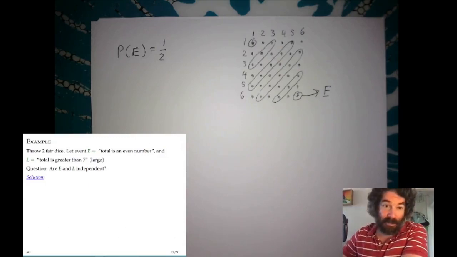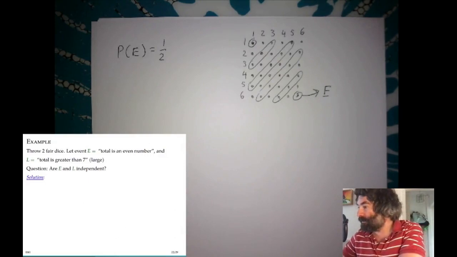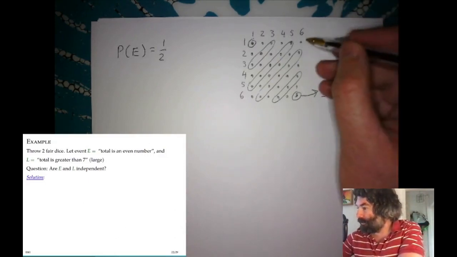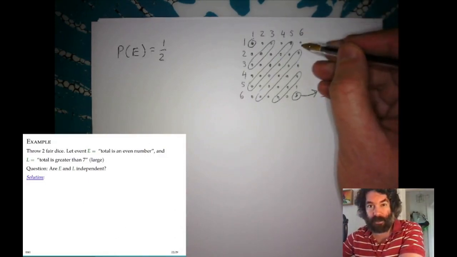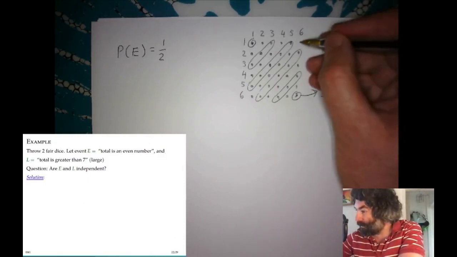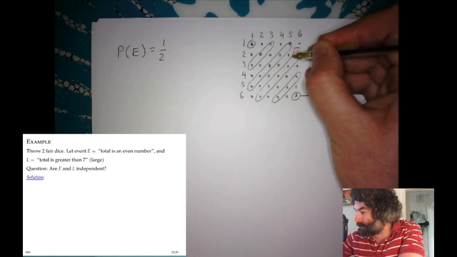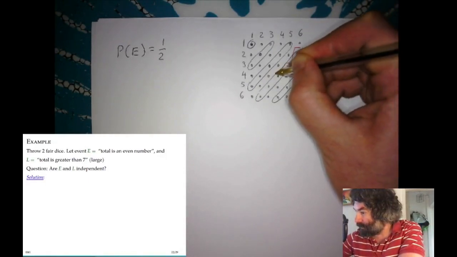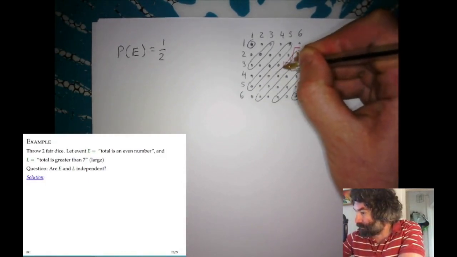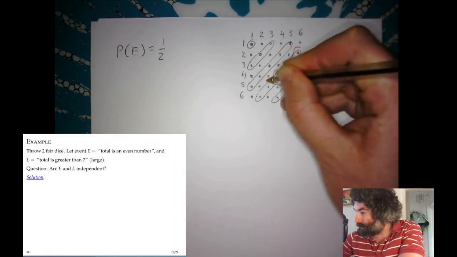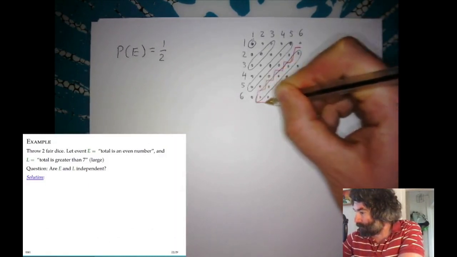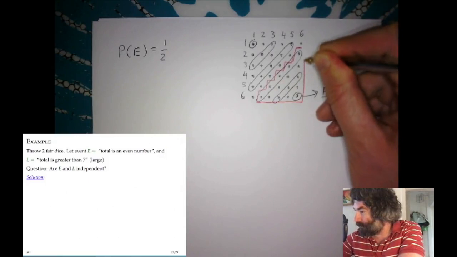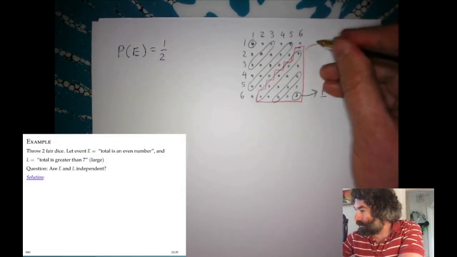Okay, now let's consider the other event: the total is greater than 7. If we roll a 6 on one of the dice, then on the other die we have to roll at least 2 in order to get greater than 7. And so this event would be here. I include all of these outcomes that I've just outlined in red.